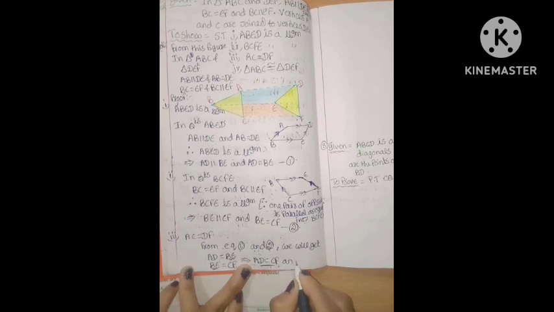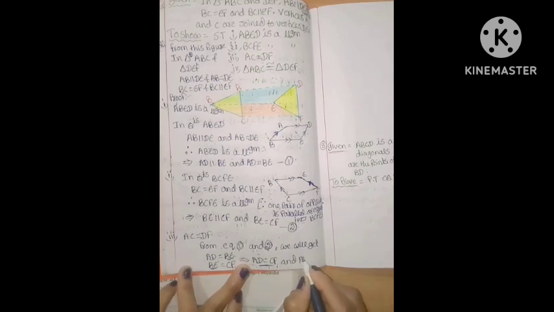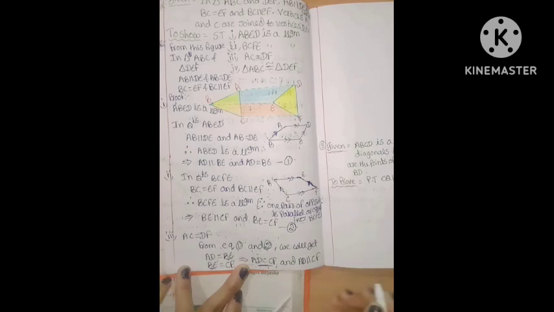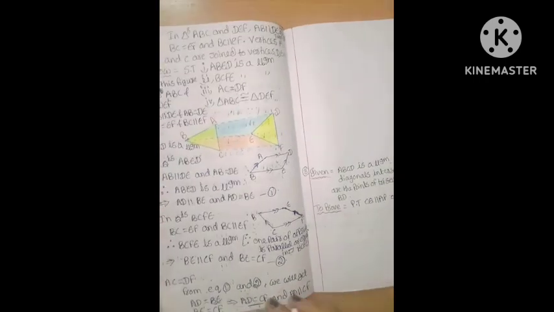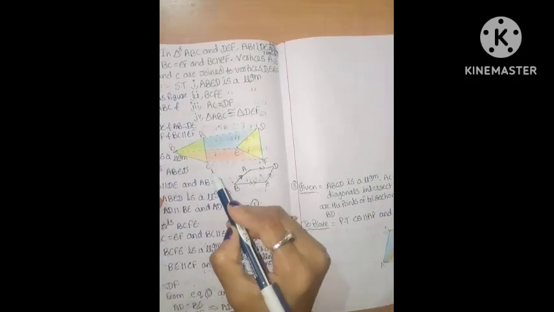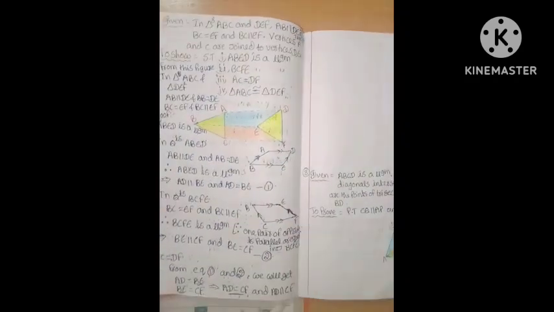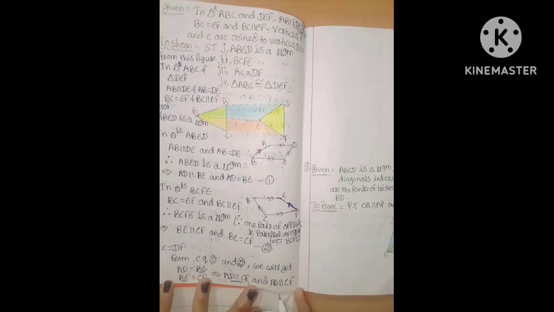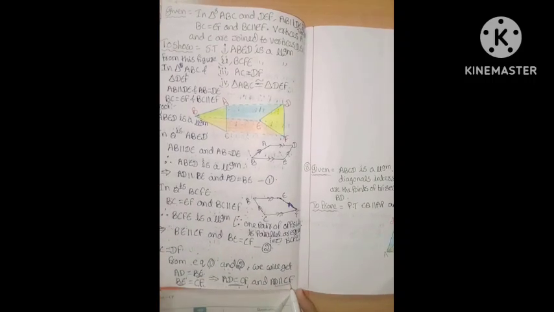This means AD is parallel to CF. Are you clear? What is the other figure? ACDF. AD is parallel to CF.